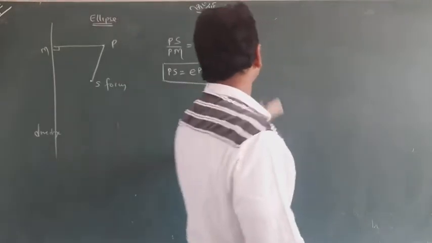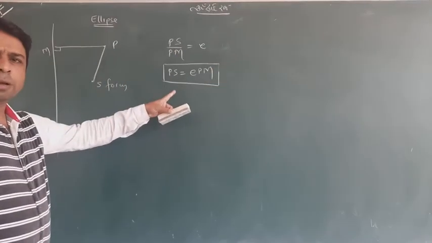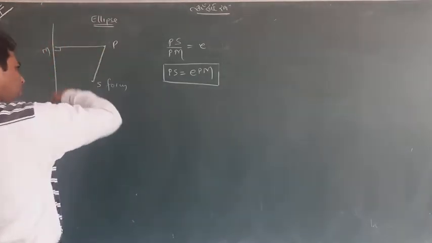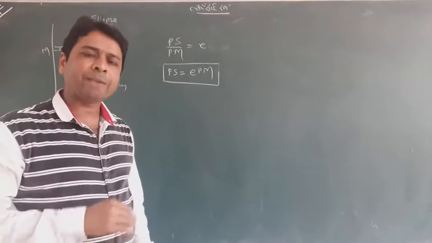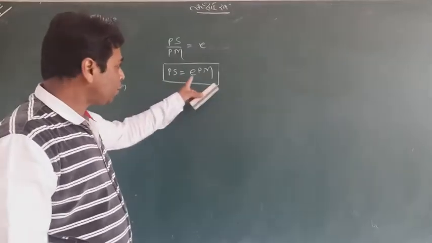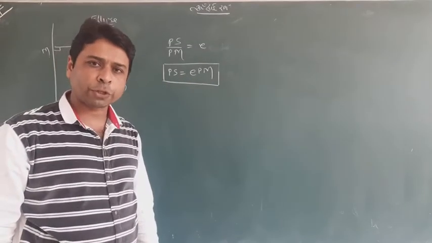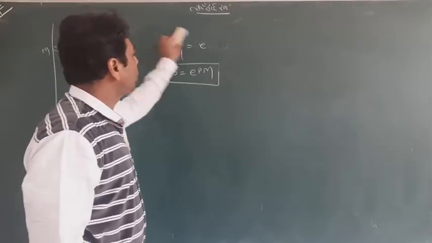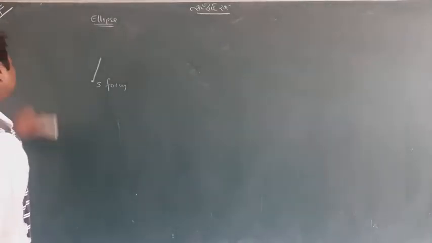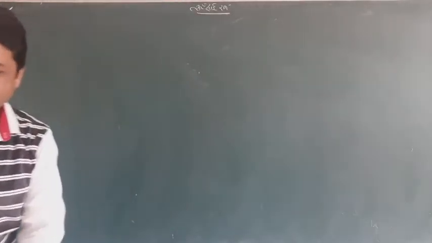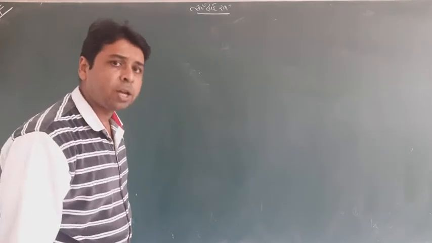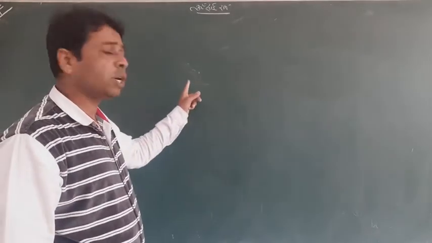Now students, this is the very initial definition, and we will make a direct figure and one by one I will tell you. By this definition, we will try to find the equation of the ellipse. I am rubbing this out, and now I will show you the direct figure. After tracing the point which follows PS equal to E times PM, we will get this kind of oval shape.